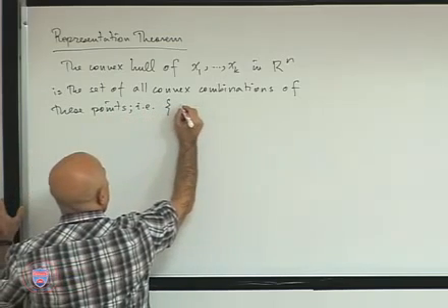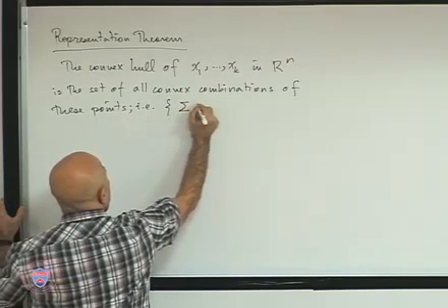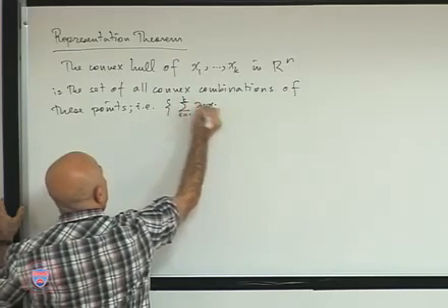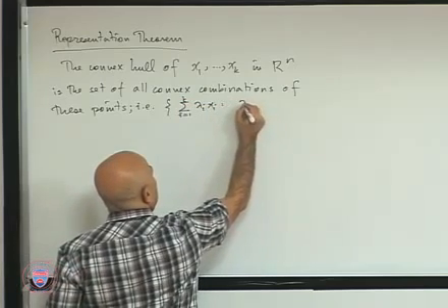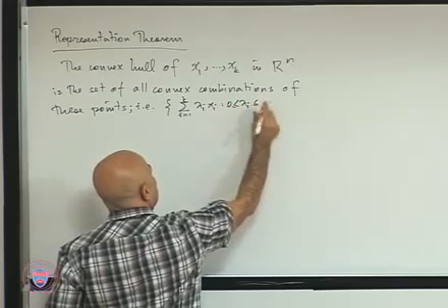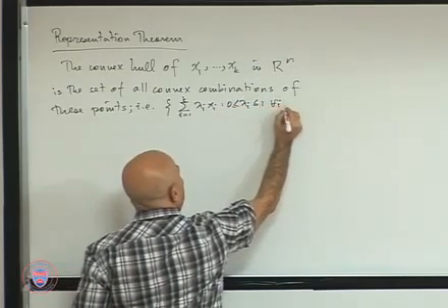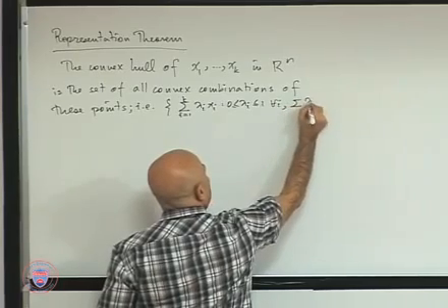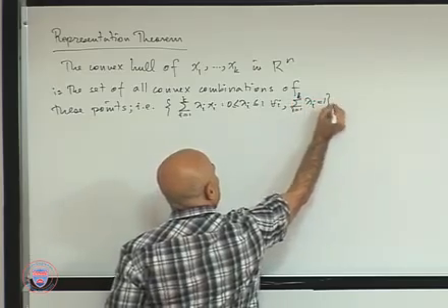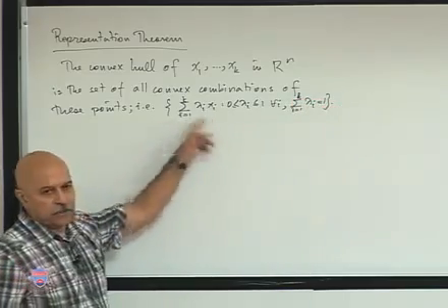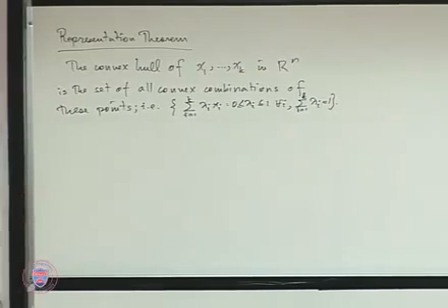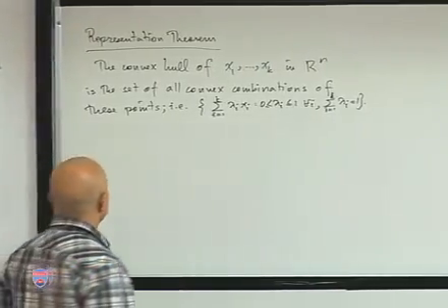So we're talking about the set of points of the form the sum of lambda i xi, where lambda i is a number between 0 and 1 for every i, and the lambda i add up to 1. And so the sum over i of lambda i xi gives you the set of all such possible points. Okay.